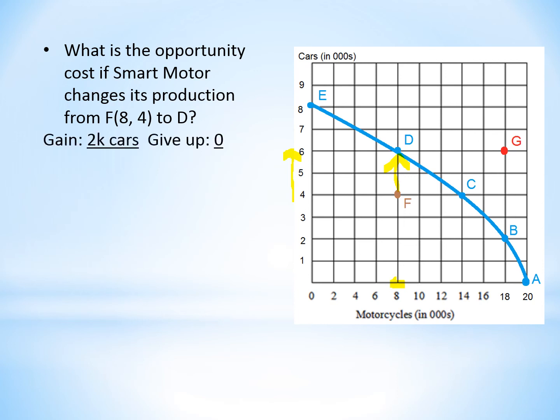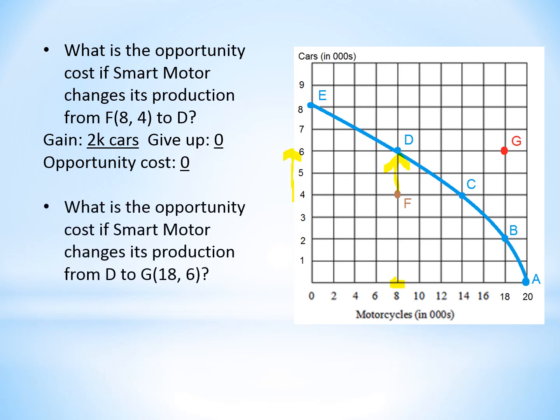So the answer is they gain 2,000 cars, they give up 0, so the opportunity cost is 0. Looks like a good move, isn't it? As the firm tries to produce more cars, they move away from F towards the PPF. The unemployment rate is going to go down because firms, in order to produce more product, have to hire more workers. Okay, very good.